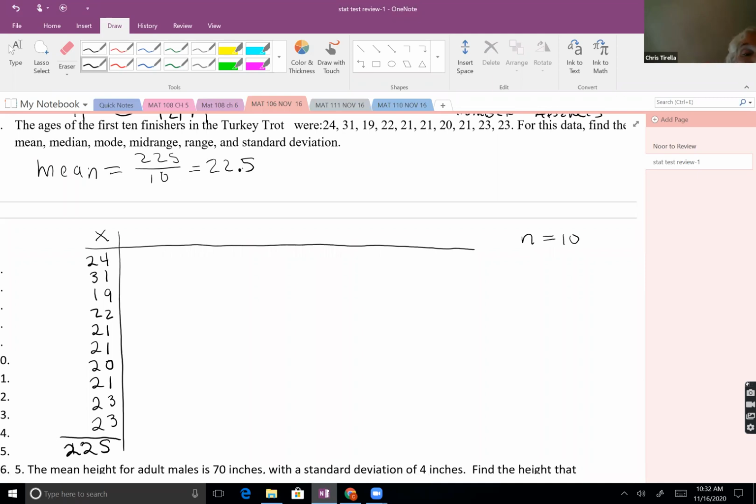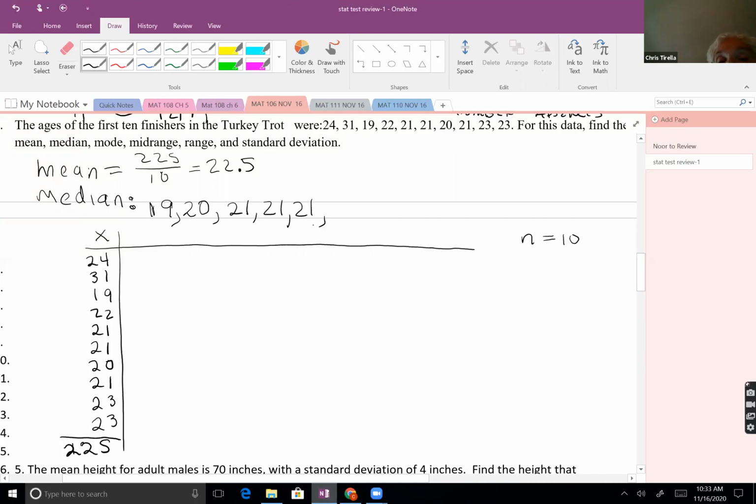In order to find the median, what would you suggest I do? Line all the numbers up and then pick out the middle values. Line them up in order. The smallest is 19, then we have 20, then we have 3 21s.